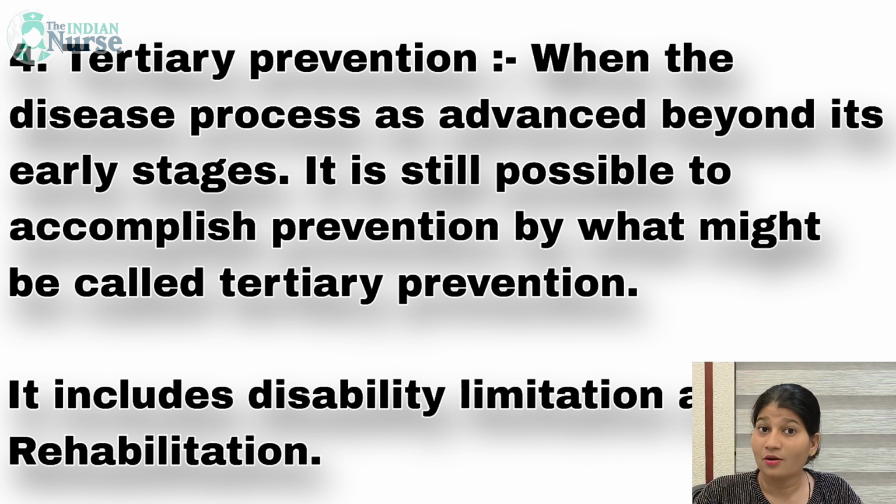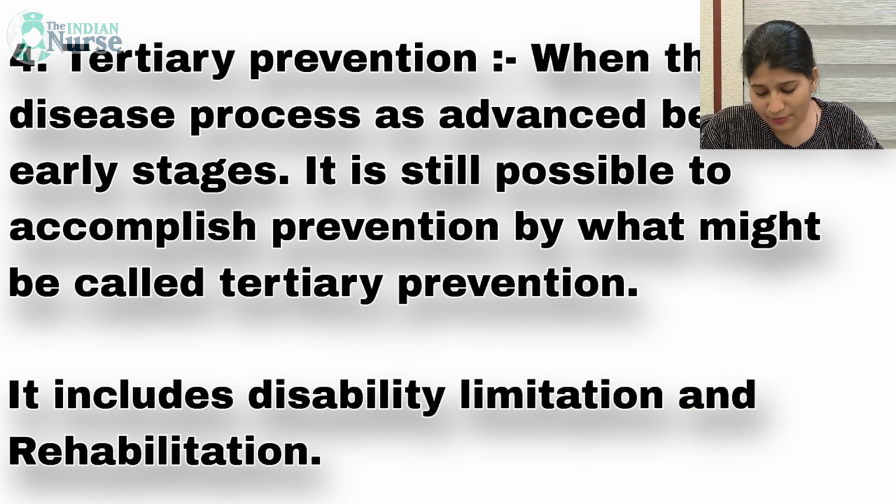In primary prevention we do modification, health promotion and specific protection. In secondary, the disease is there, so early diagnosis and treatment. And in tertiary, the disease has become advanced but we can prevent disabilities. So it includes disability limitation and rehabilitation.